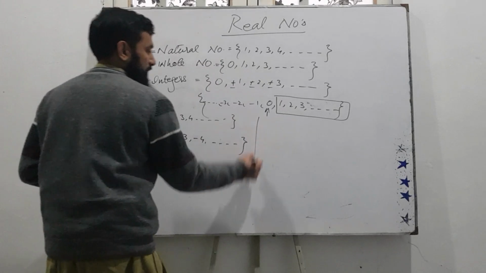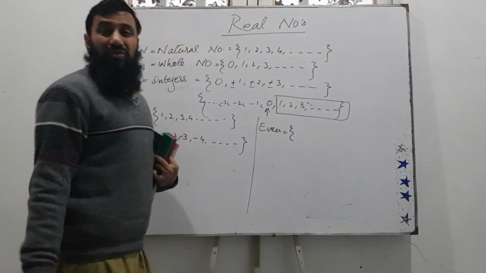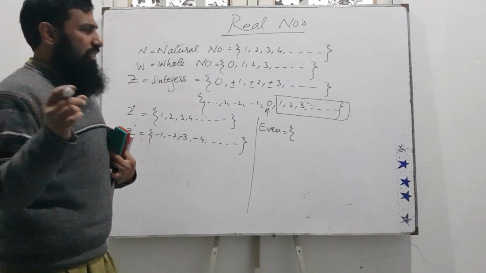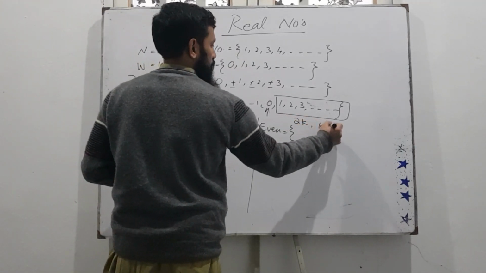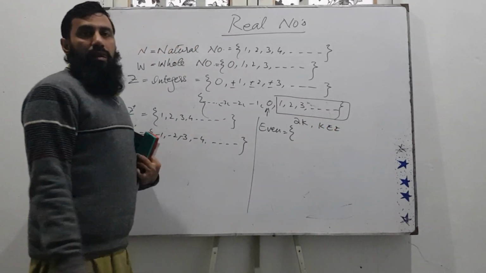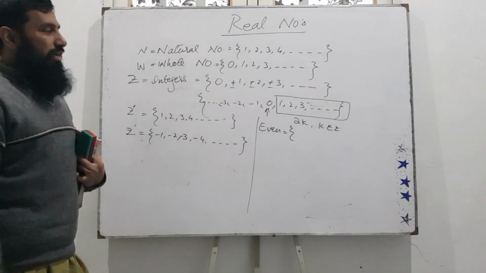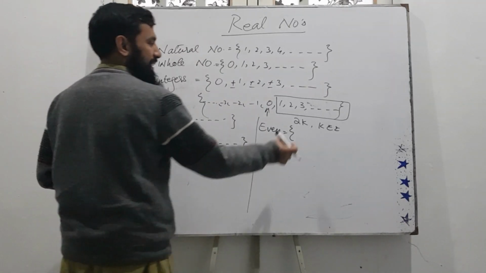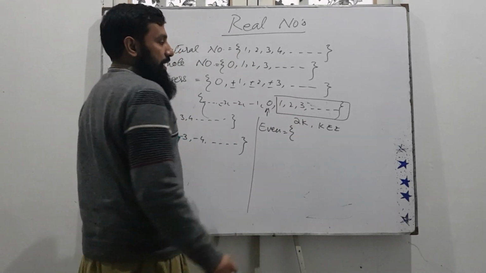Then there is the set of even numbers. All those numbers which can be written in the form of 2k, where k belongs to integers. If I put the value of k from the integers, for example if I put 0, it will become 0.